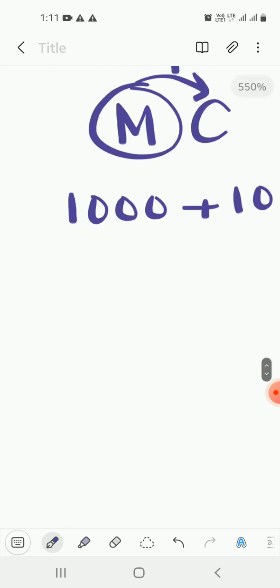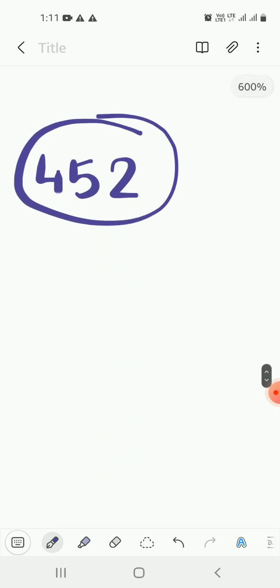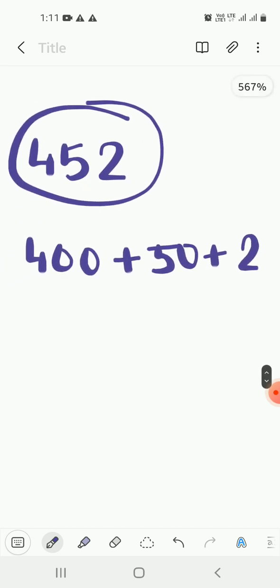Now a simple thing, like we might be told to write a number like 452. How can we write this number? For writing this big number, break it into simple parts. 400 plus 50 plus 2. How can we write 400? For writing 400, as I already told you, we can't repeat C 4 times.